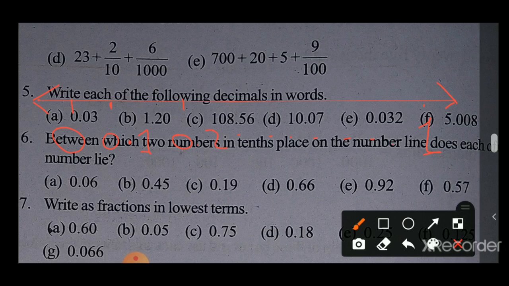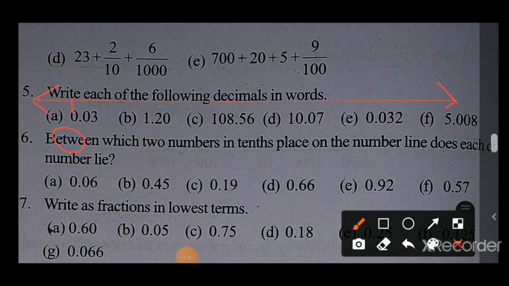But we are searching for the number 0.06, and these are the tenths only, and we need the hundredths place. So we can write the numbers in between 0 and 0.1. Again the 10 parts are there.